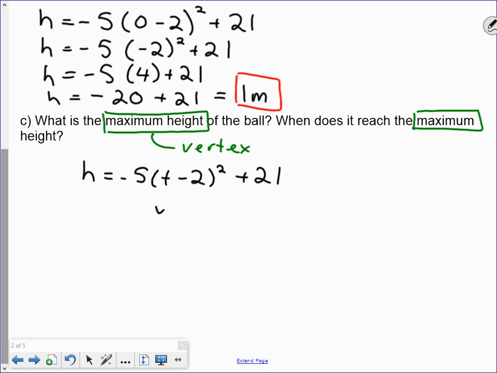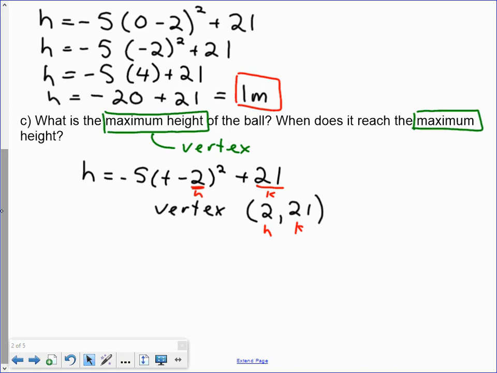Our vertex is going to be (2, 21). And we're getting that, of course, from the value of h and the value of k. Now, in this vertex, (2, 21), one of these things represents the maximum height, and one of them represents the time when it reaches the maximum height.